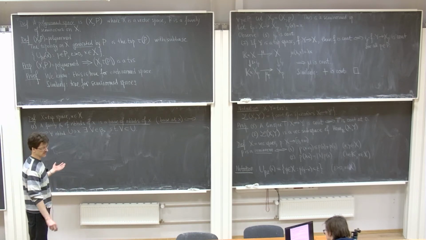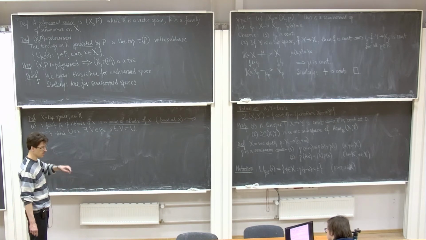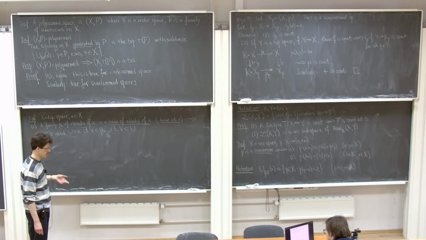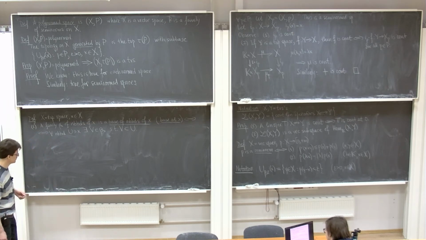So a typical example is if we take a metric space and a point in the space, and the family of all open balls with a fixed center is a base of neighborhoods of this point.